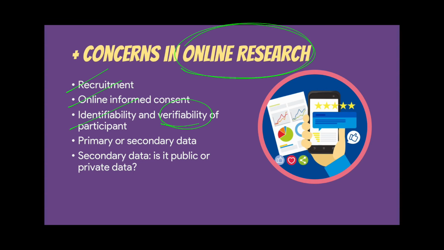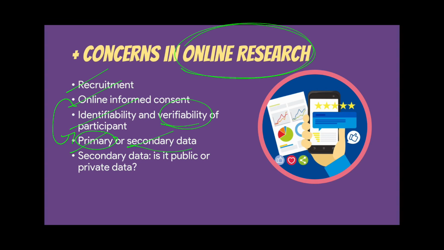Of course, it would be different in terms of ethical consideration when you're collecting primary or secondary data. If it's primary, then you would need informed consent to be able to obtain the data, because remember, you're just using the internet in order for you to collect the data as they give it to you.